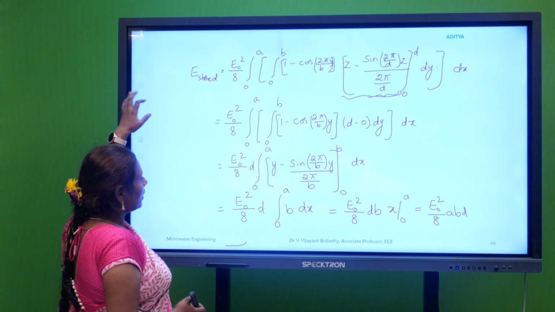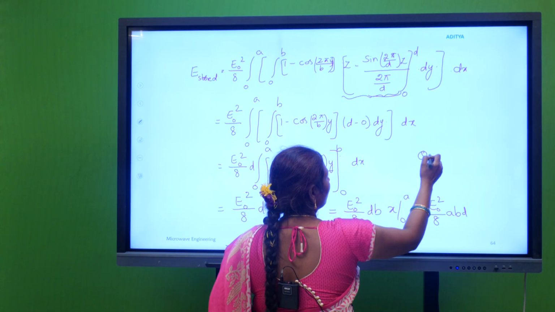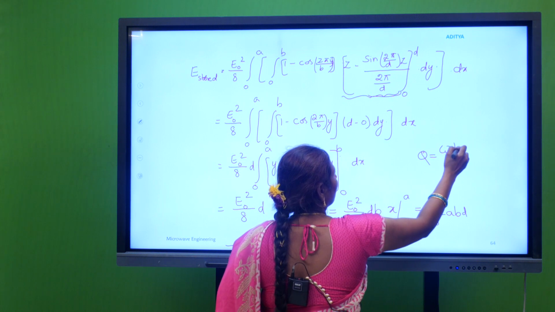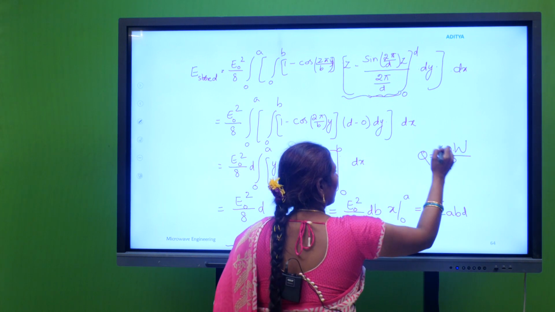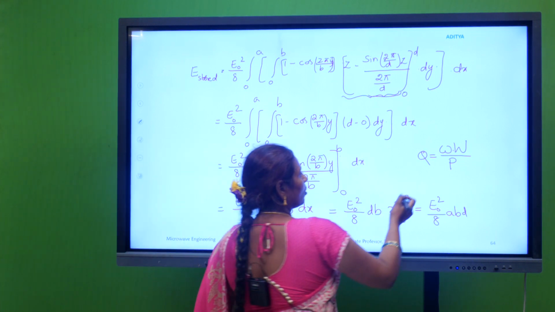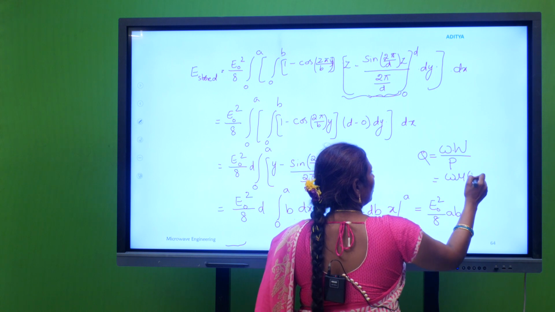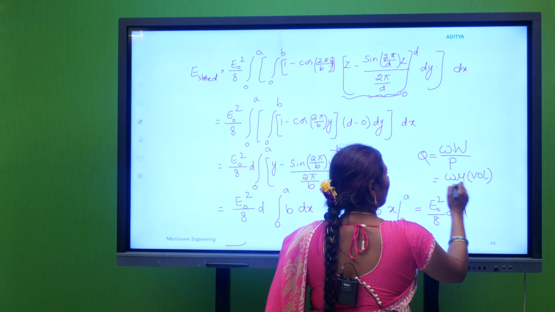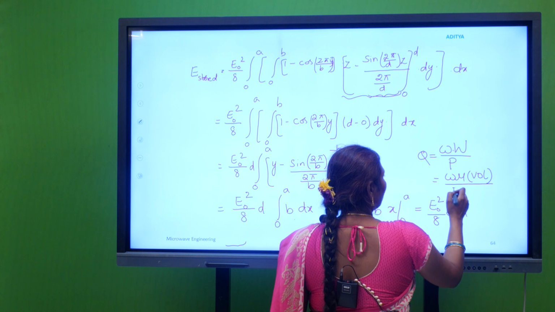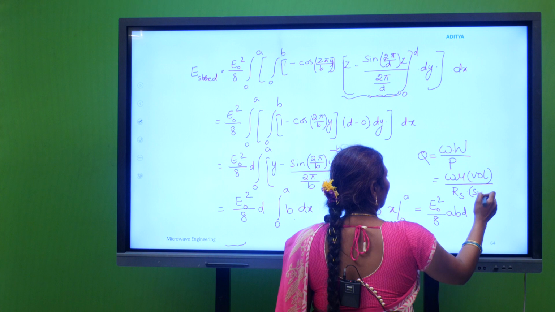So we have already defined this Q as equal to omega W by P, or we have defined this Q also as equal to omega mu into volume by Rs into surface area.